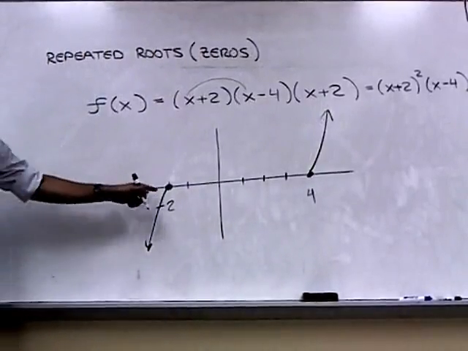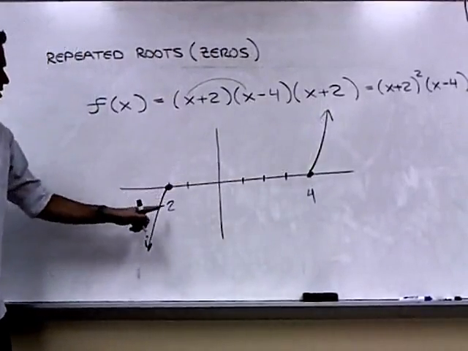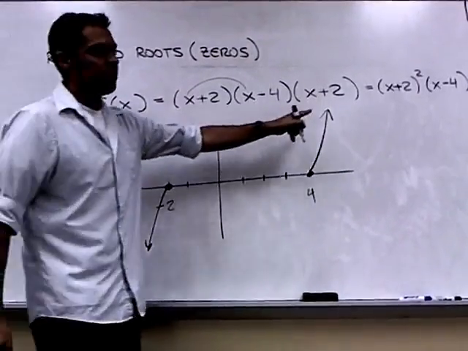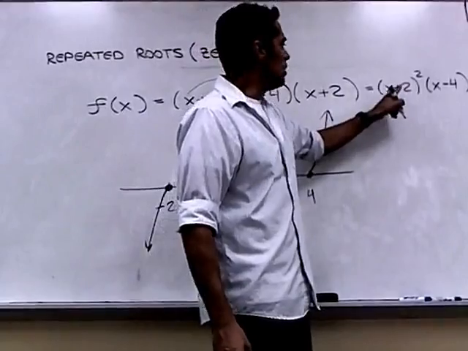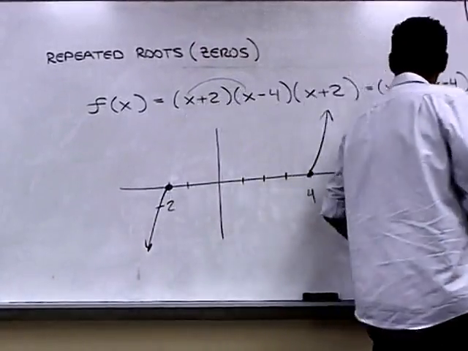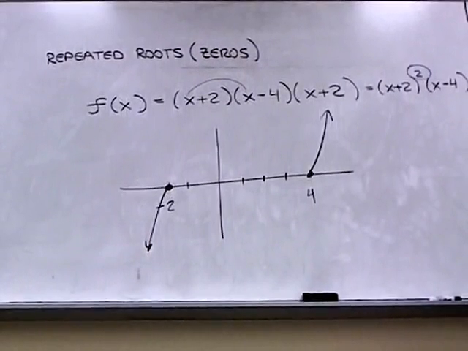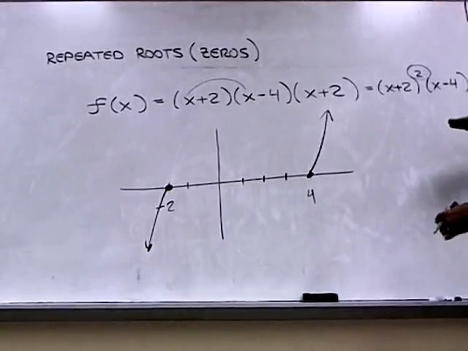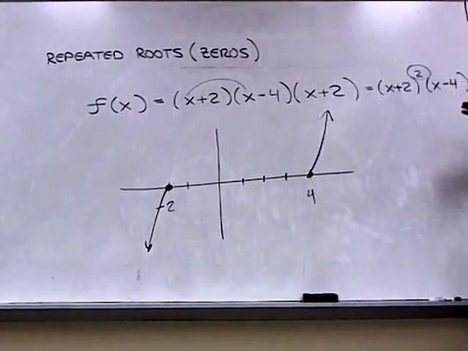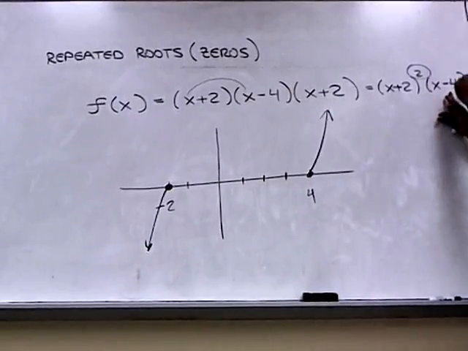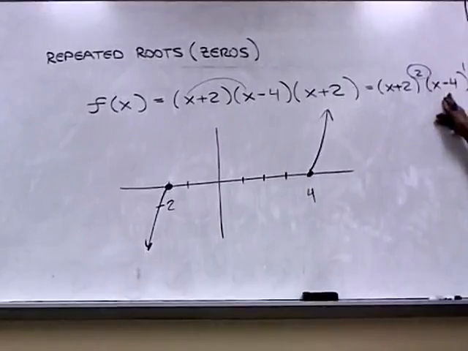But what's happening at each of these points? Let's talk about -2. Where does -2 come from? It comes from this factor right here. What's the power on that factor? 2. If that number is even, you bounce off it, or you don't cross through. You can either say you bounce off of it, or you just touch it and come back. And then what happens at 4? Because that's a 1, I actually will cross through.